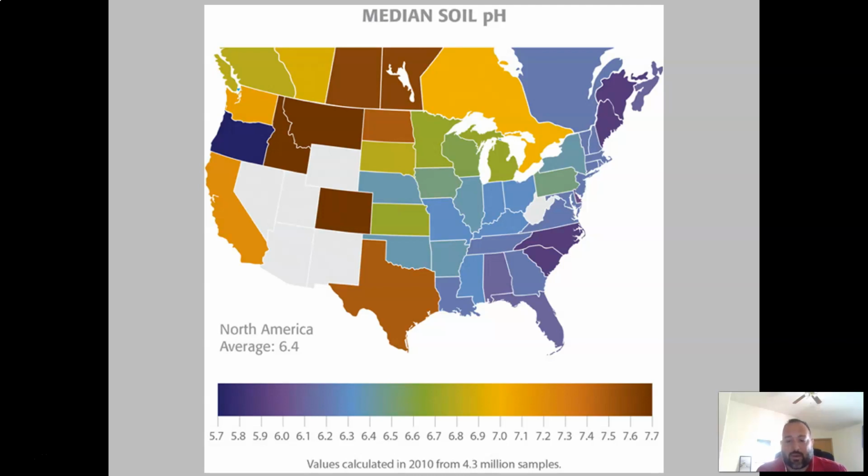It's right where we want it to be. It's a kind of golden color, so it's slightly darker, but around 7, which makes sense as to why we can grow so many things in the state of California. But you can see the other places, especially the eastern United States, very much more acidic soils in the eastern United States.